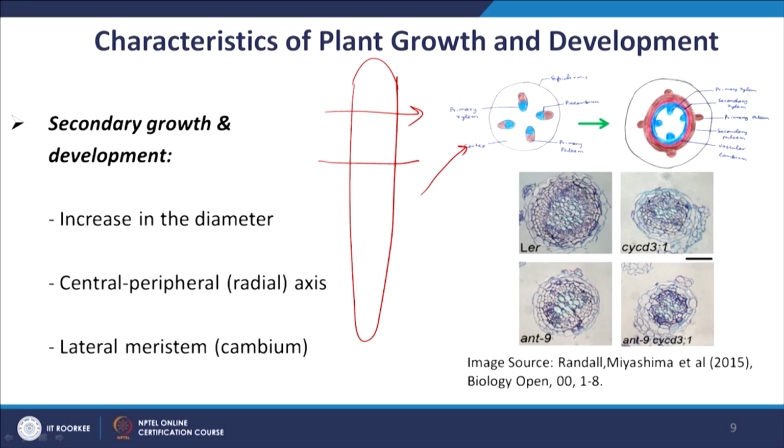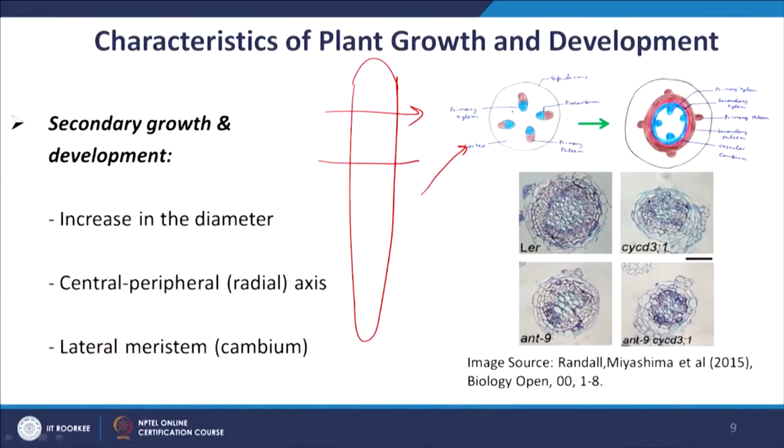Vascular bundles are very important tissues which make up the transport system. In the transport system, there is a primary phloem, a primary xylem, and in between there is a tissue called procambium. Usually during primary development, the procambium is not activated; only primary phloem and primary xylem are made.